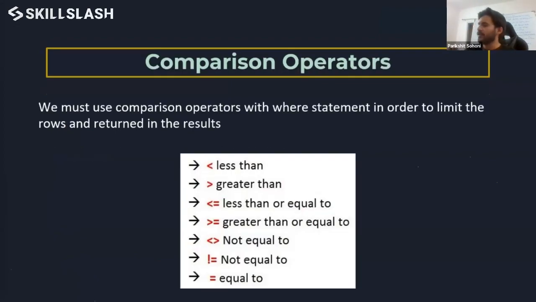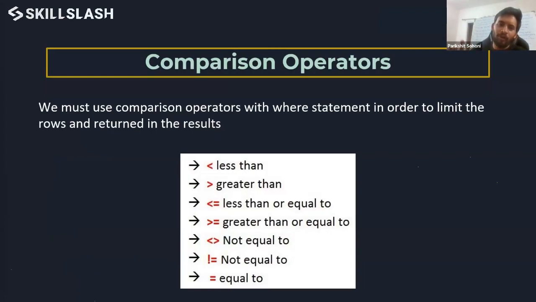Next thing is going to be the comparison operators. I'm not sure how much of a coding background you have, but comparison operators are used just like we use them in mathematics. They are used in the world of SQL, and in Python as well, but there is a certain way of writing them.